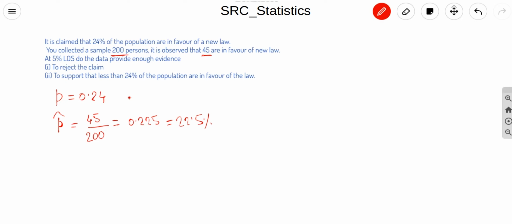That is why we do hypothesis testing, to see whether this data is supporting our claim. Okay, and we say that it is 5% level of significance. So whatever we conclude, we are not 100% sure. There is 5% chance that we may be wrong. Okay, so that is why we do hypothesis testing.